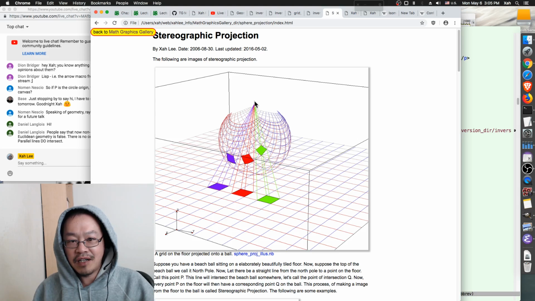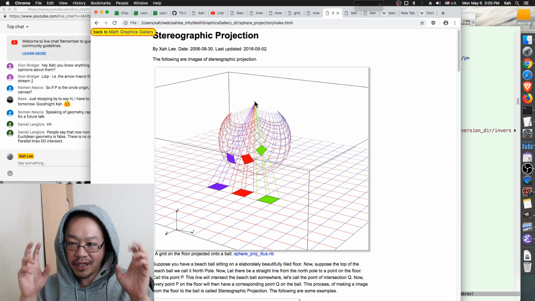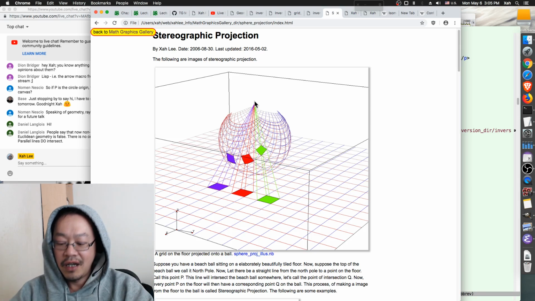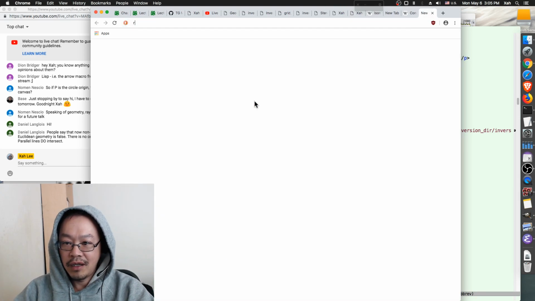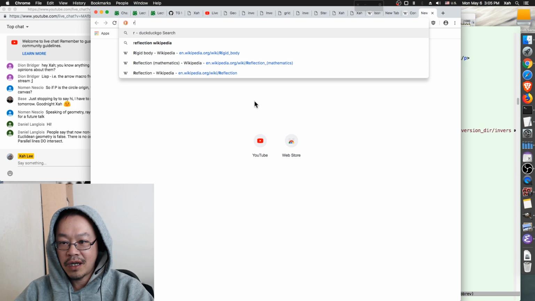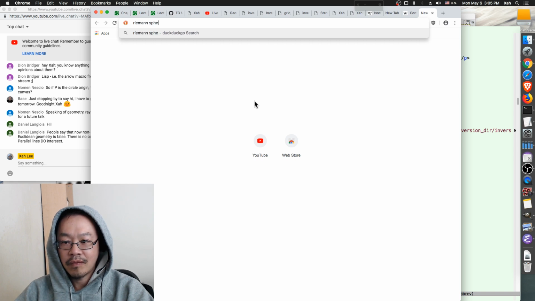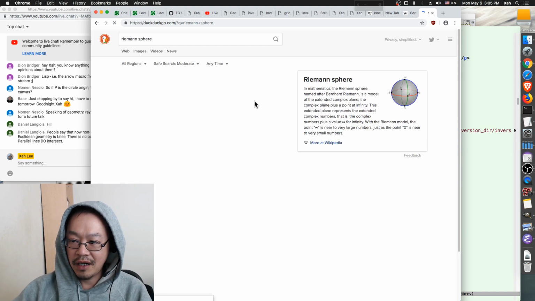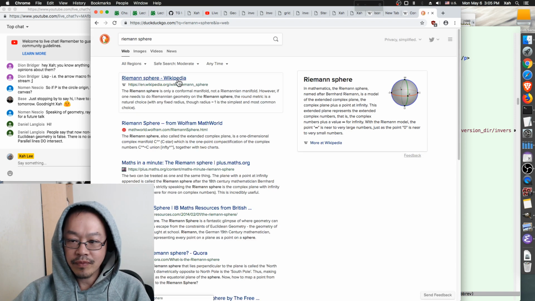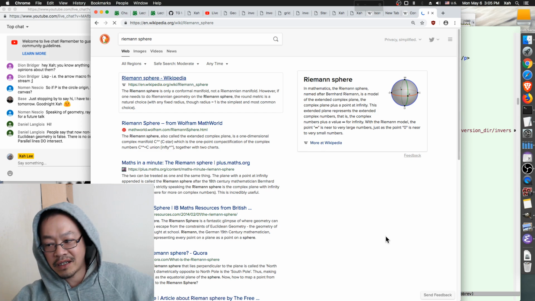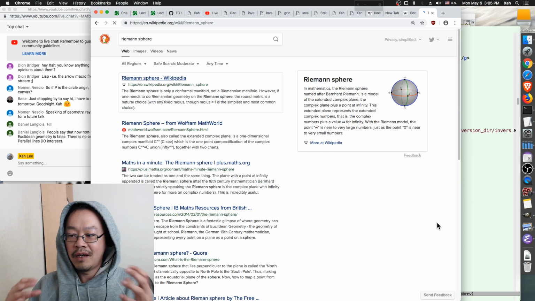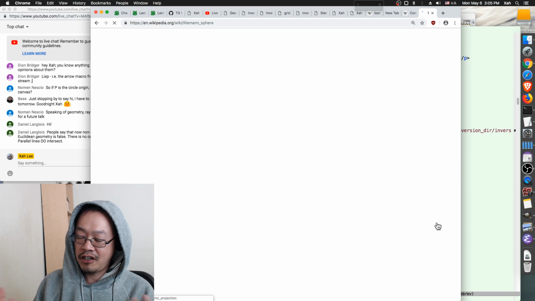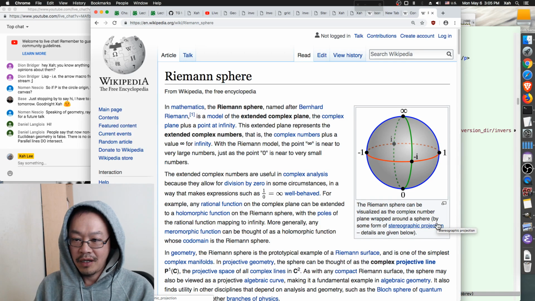Now this ideal plane we've been talking about, with the extra point called the point at infinity, is called the Riemann sphere. That's just the math jargon. You can go and read that article on Wikipedia. This is the concept mathematicians call the Riemann sphere.